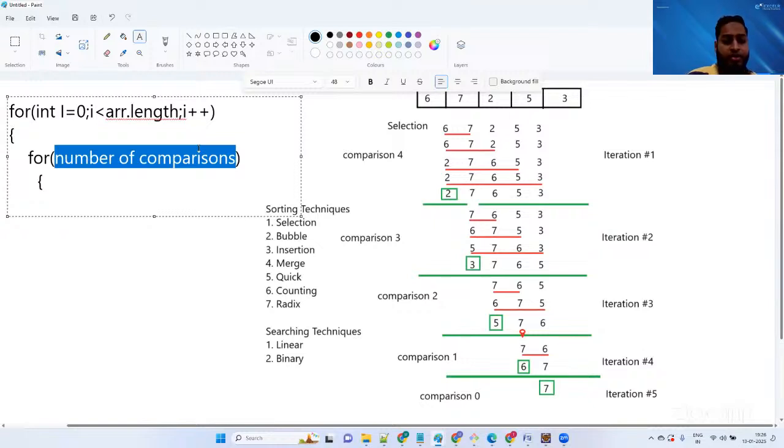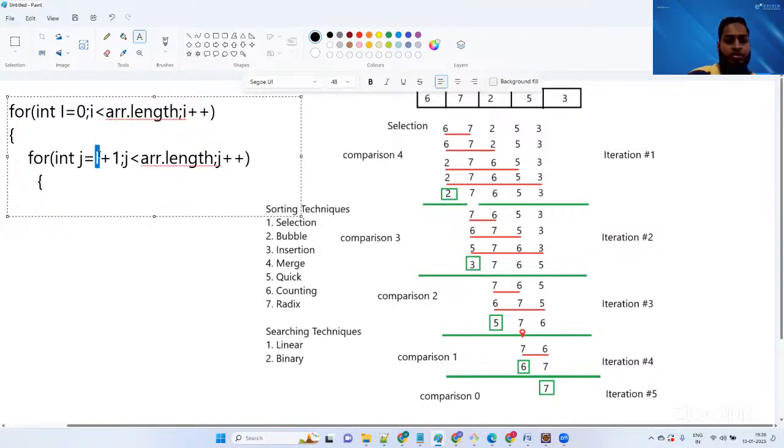And what am I comparing over here? Yes, I'm comparing the neighboring one. So I will say my j is equal to i plus 1, and j less than arr.length, and j plus plus.